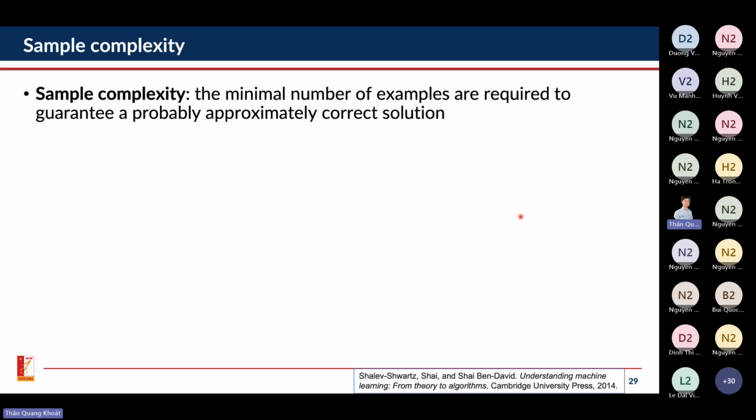In that case, we call that the sample complexity. And of course, each family should have a different sample complexity, right?